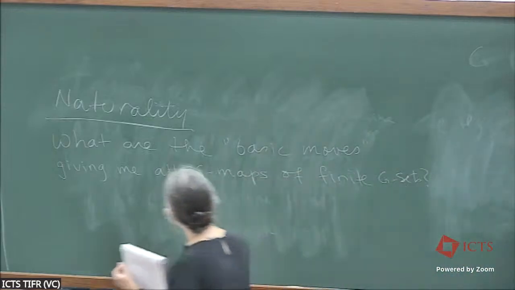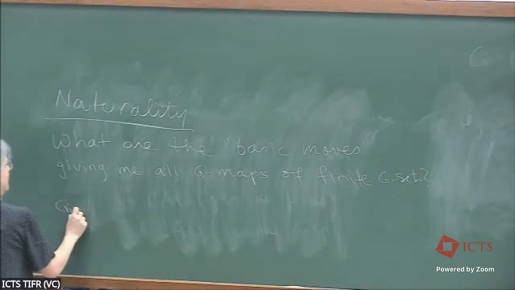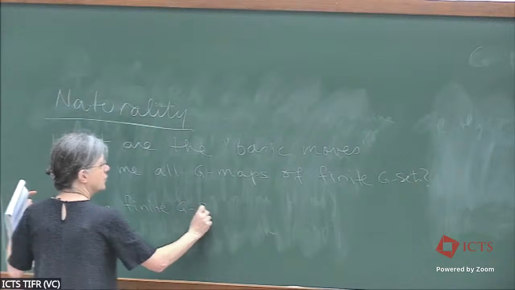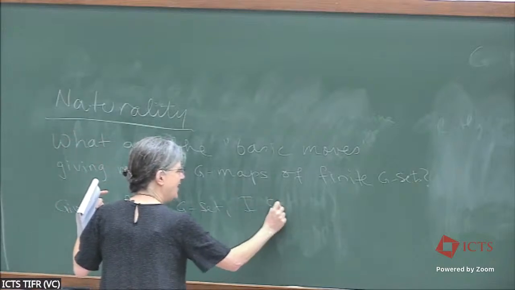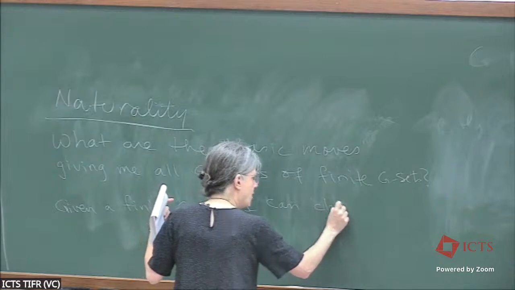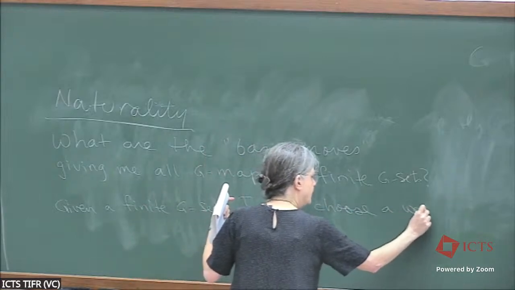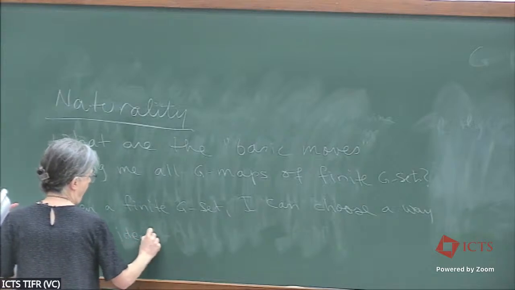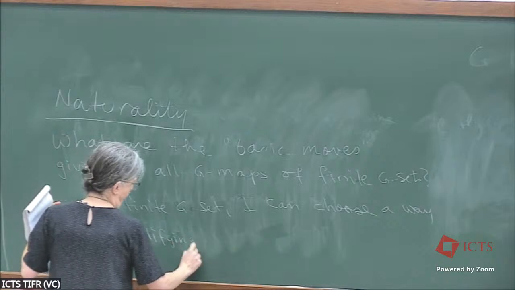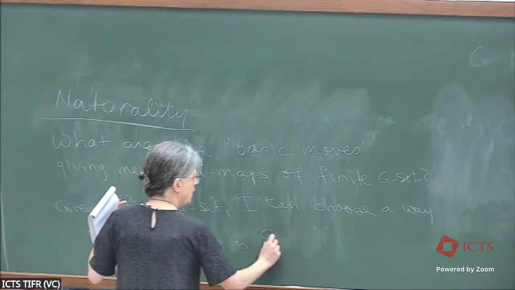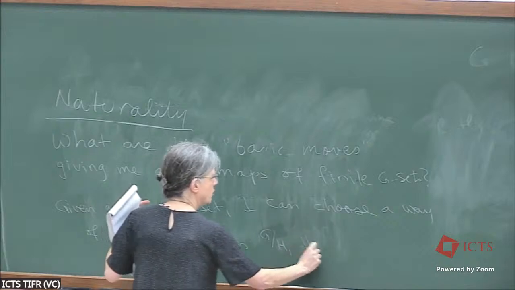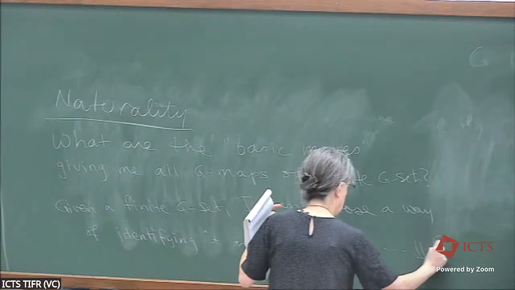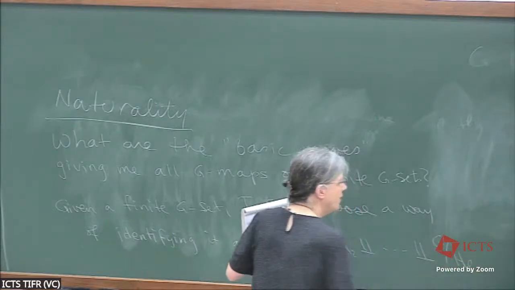In order to do this, given a finite G set, I can choose a way of identifying it as G/H_1 disjoint union G/H_2 disjoint union through G/H_L. There is a choice there.